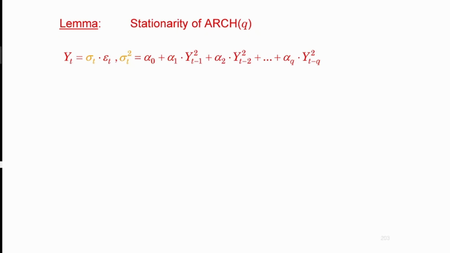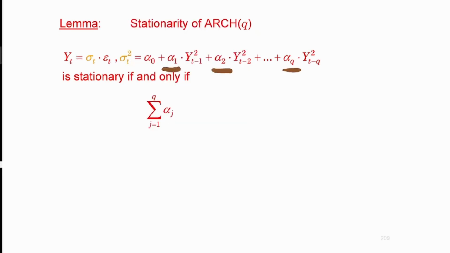Now, let me explain when the process is stationary. The process is going to be stationary if and only if, I mean, it has to do something with the variance, of course, right? So I will focus on the variance of the process exclusively, nothing else. And it is going to be stationary if and only if the sum of these parameters, these alphas, keep in mind, I'm just talking about these alphas.